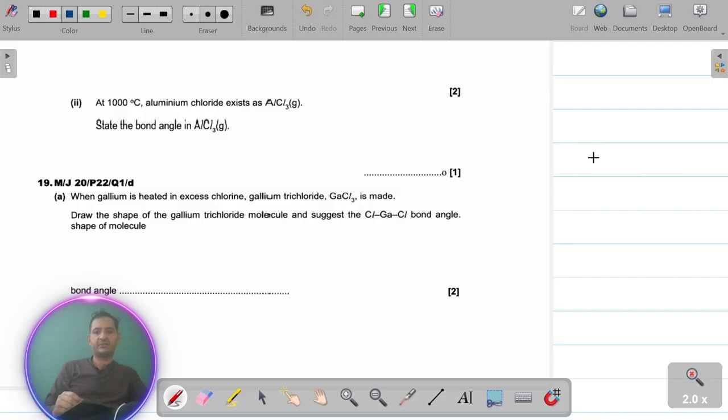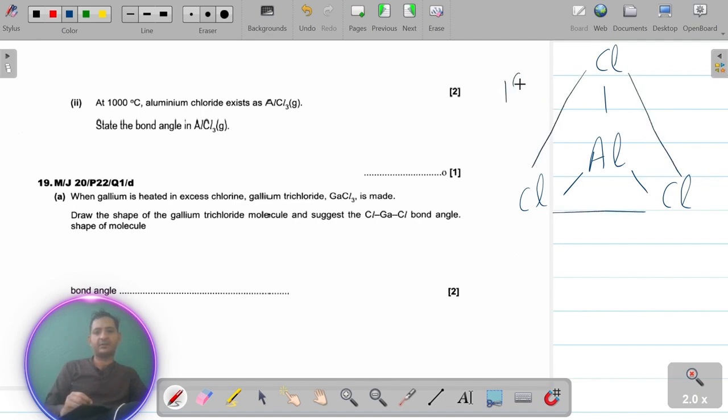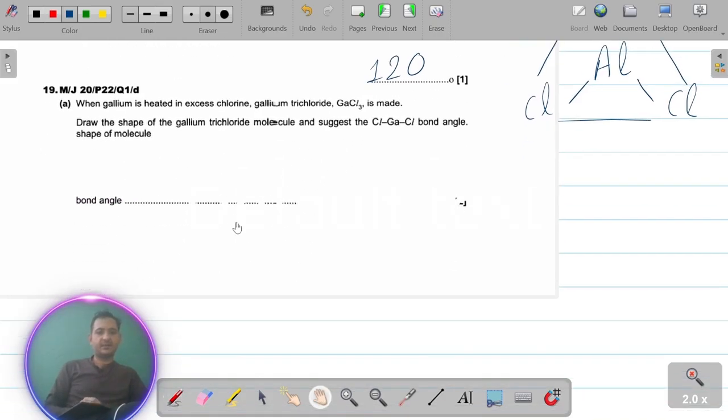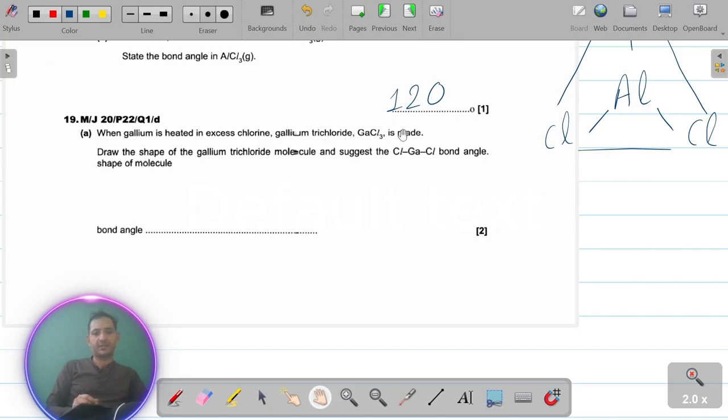Here we have aluminum and here we have chlorines. If a question is repeated, then I am not solving it again. So it is trigonal, and the bond angle in trigonal is 120 degrees.